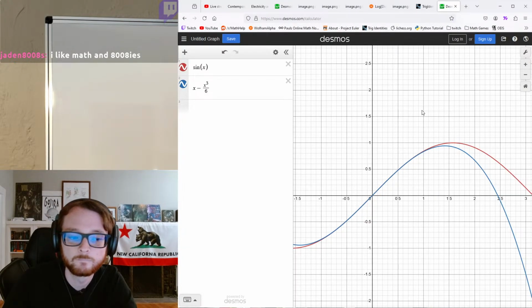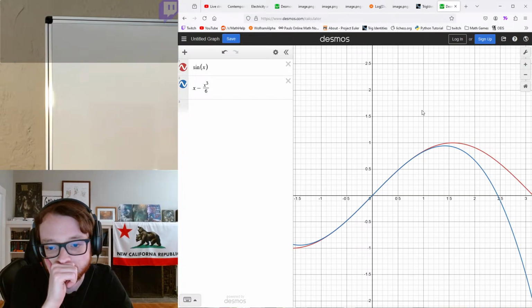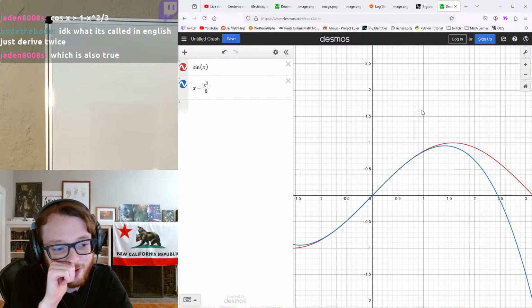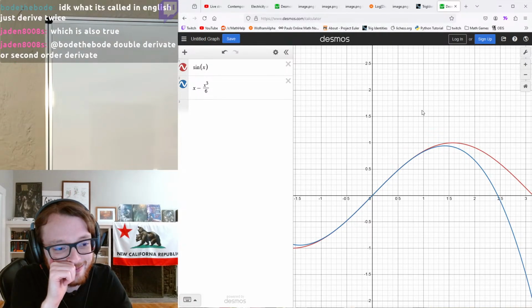Hmm. Well, how do we know that's true though, Jaden? If we take the derivative of each side, I think you have a separate thing to also prove then.